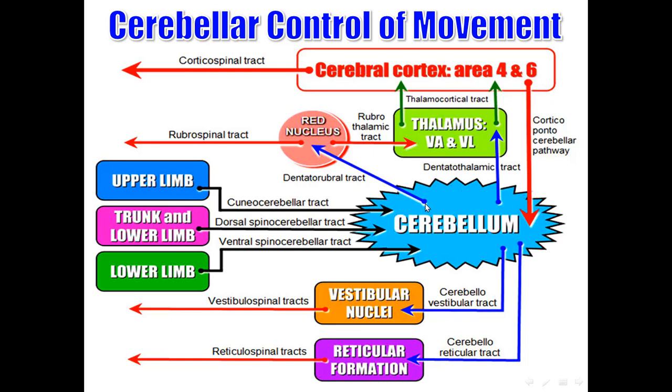The cerebellum sends this information to four areas: to the red nucleus, and then from the red nucleus to the spinal cord via the rubrospinal tract.